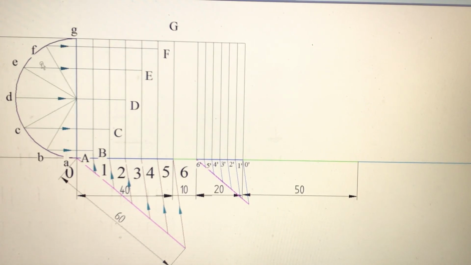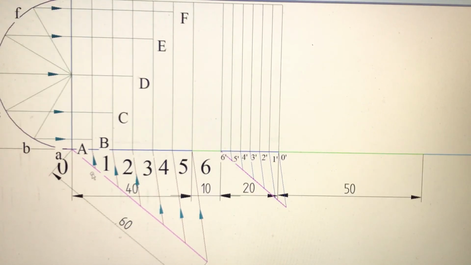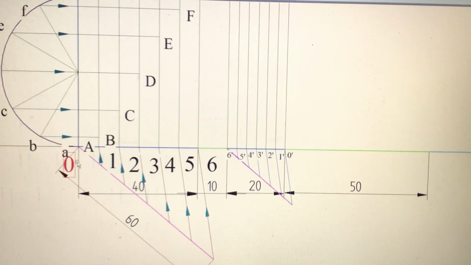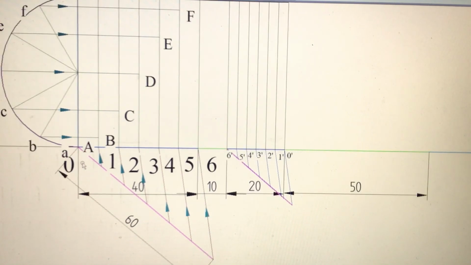After dividing this into 6 equal parts, project horizontal lines, like small a to the 0 line. It is here, so you name it capital A. Then small b to capital B, which is on line number 1.